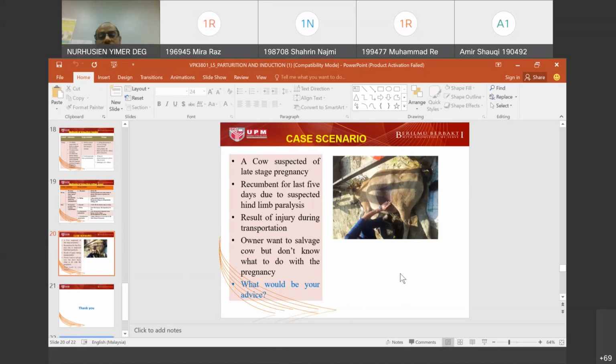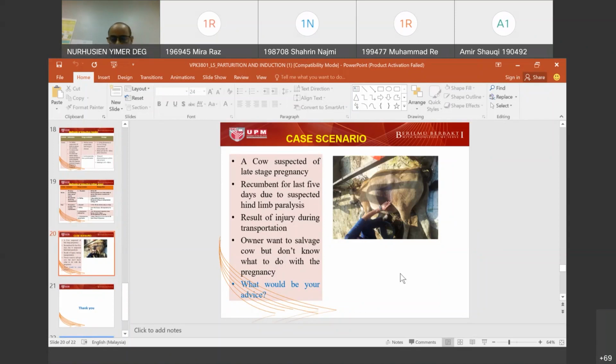Otherwise, for example, if it's just an early stage pregnancy, like the first trimester, or maybe the midterm period, would there be any benefit in getting the baby out by whatever method you follow, whether surgical or induction? Will that be of benefit?